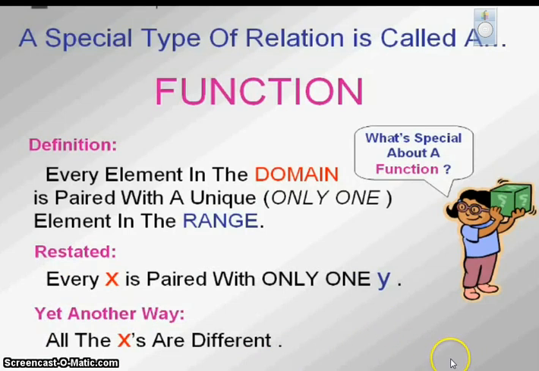So we're going to limit our practical relations to functions. And these are the ones that have only one answer. Or, as I said, every element in the domain, the x's, is paired with only one element in the range, the y's. Let's look at some examples.